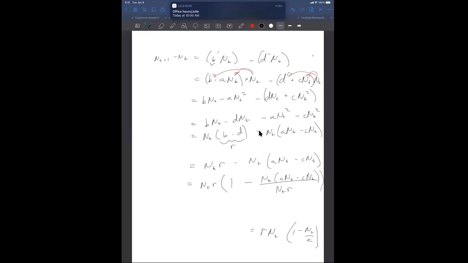We can factor out another n of t here from the top. This is going to cancel with this. And now we're essentially there.